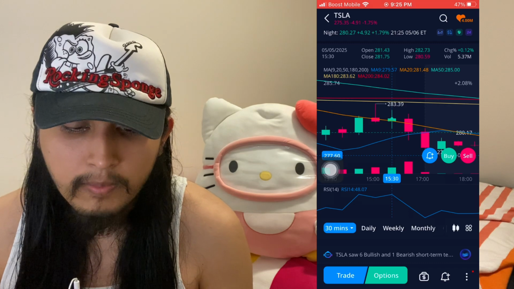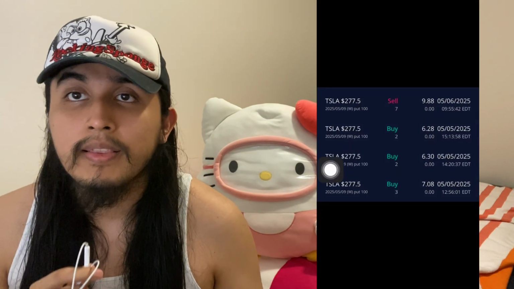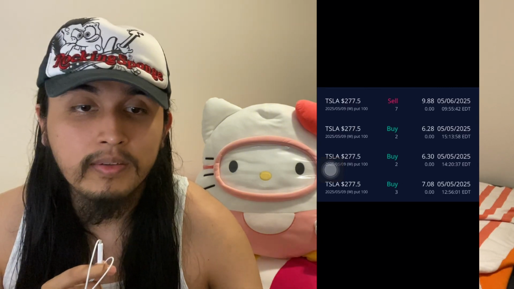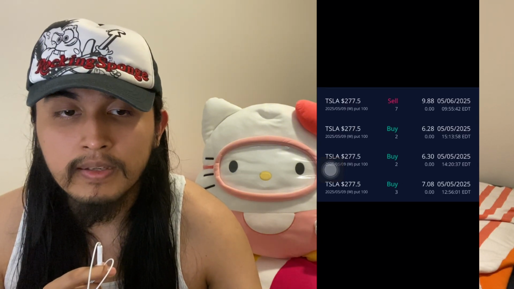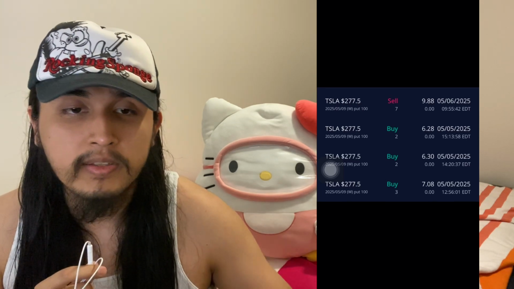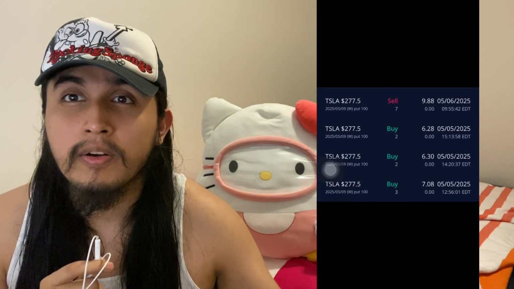That way I can have my average be in a good spot. In case Tesla decides to go berserk and down all of a sudden, my position can be in the green a lot quicker than if I were just to let it ride where I started originally.